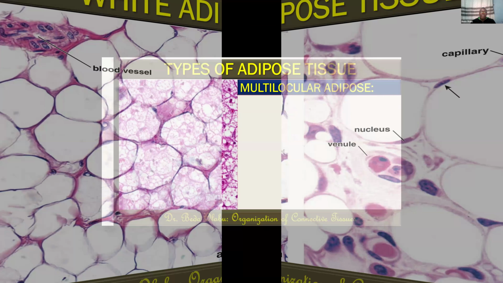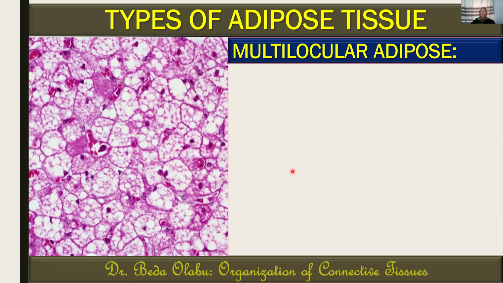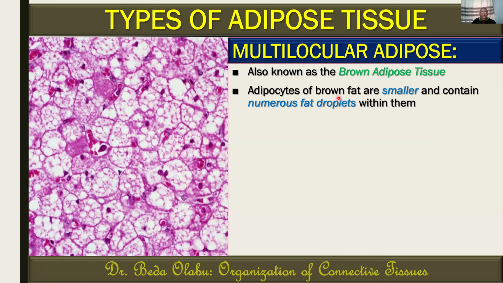How about multilocular adipose tissue? Multilocular adipose tissue is also known as brown adipose tissue. Brown adipose tissue consists of adipocytes, which are relatively smaller than the unilocular adipocytes.